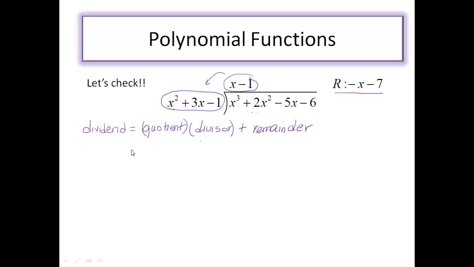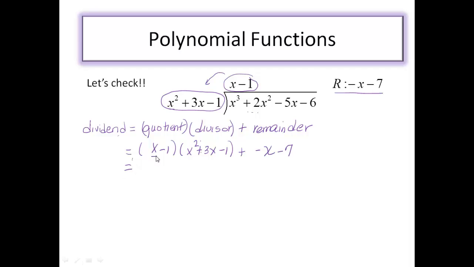So this is going to equal, my quotient is x minus 1. My divisor is x squared plus 3x minus 1 plus negative x minus 7. That's my remainder. Let's go ahead and multiply these out.